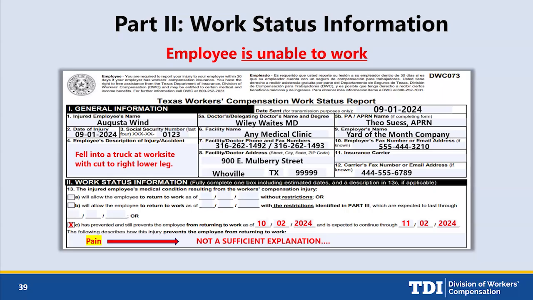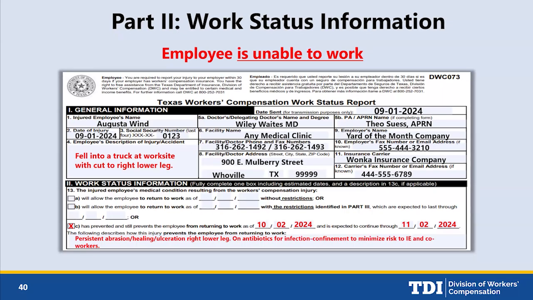So this is a really big deal and something the division pays attention to. This is an example of a very clear, acceptable explanation, right? Persistent abrasion, healing ulceration, right low leg, on antibiotics, infection confinement to minimize risk to the injured worker and their coworkers. That is very clear.